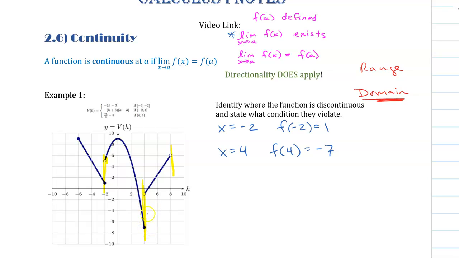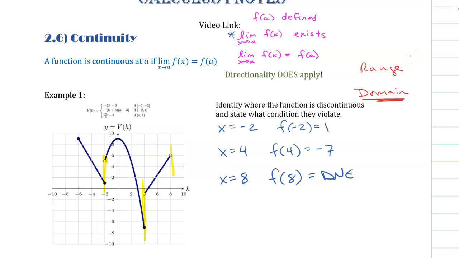Therefore, the limit at x equals -4 does not exist. Okay, and this last one, when x equals 8, f of 8 is the problem. It's a hole, and there's no solid dot anywhere to take care of it. So that is discontinuous there.